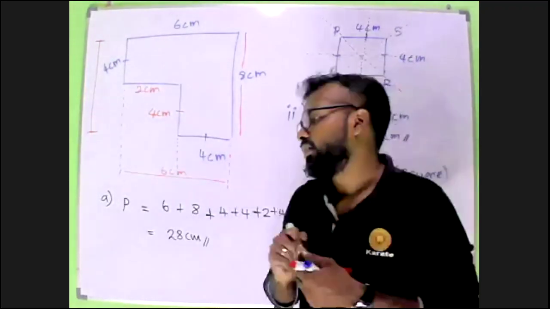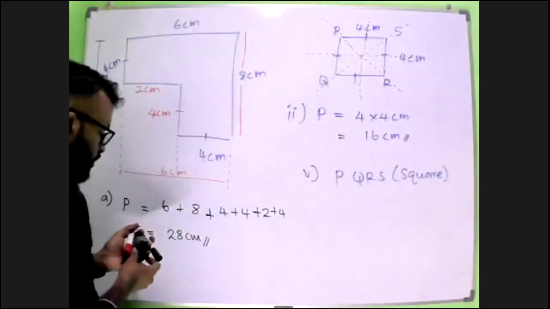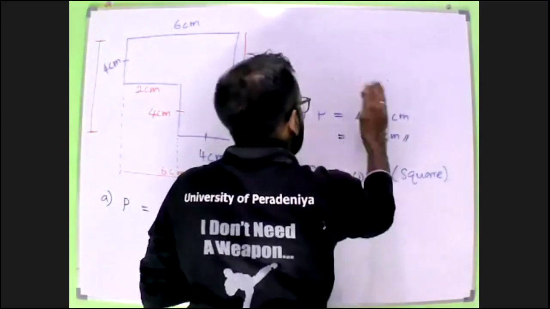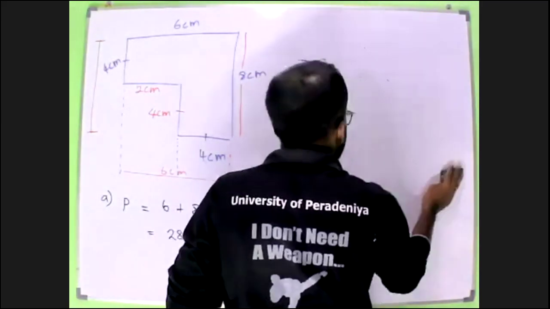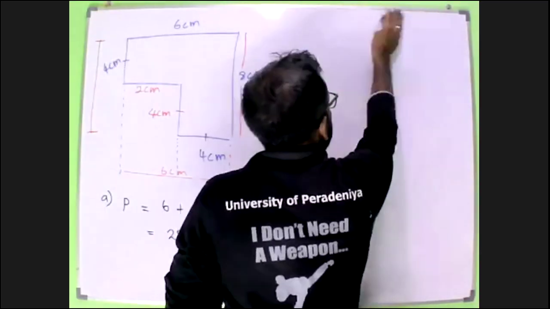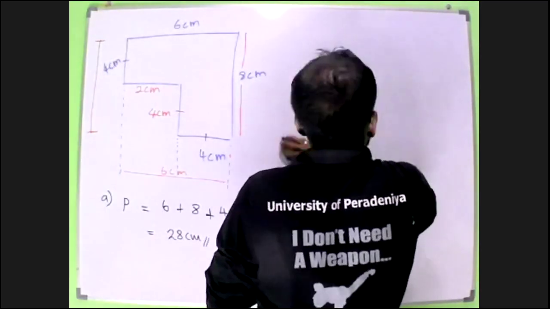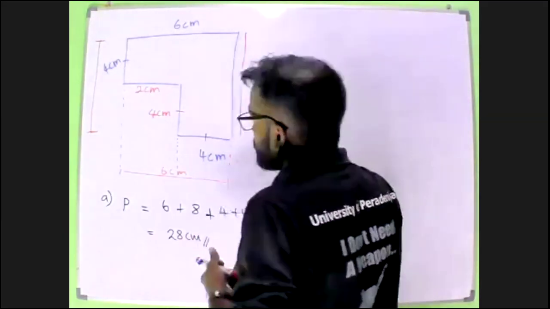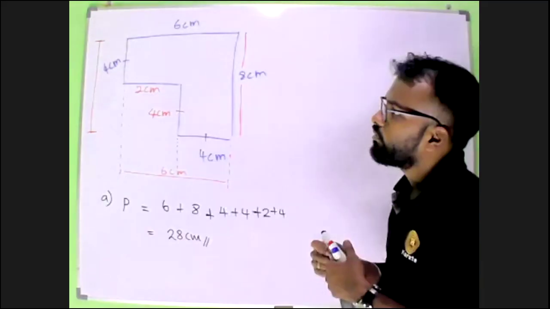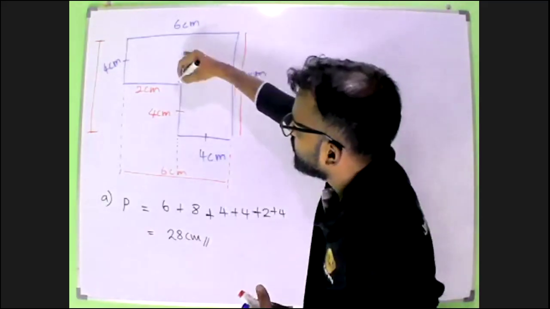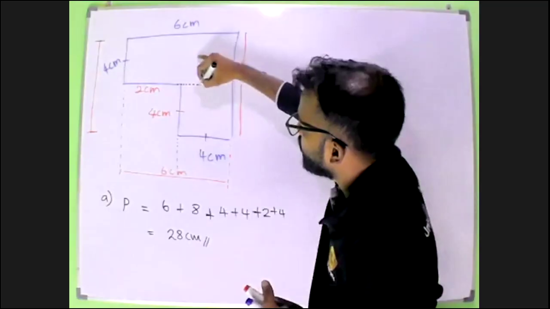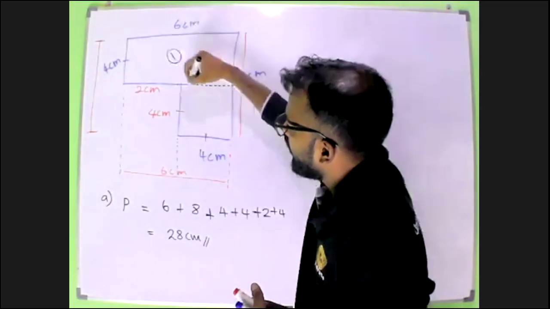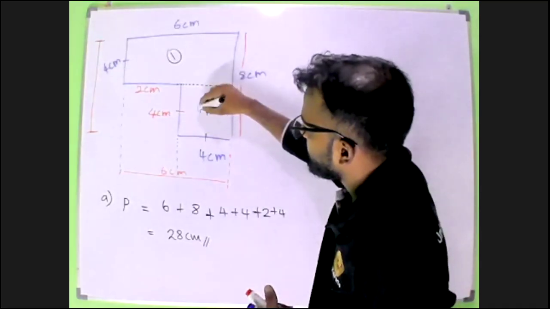And find the area. So how are you going to find the area? So you have to divide this figure into two quadrilaterals, right? So either way you can find that. So I will divide it from here. So I will say this is my first figure, and this square is my second figure.